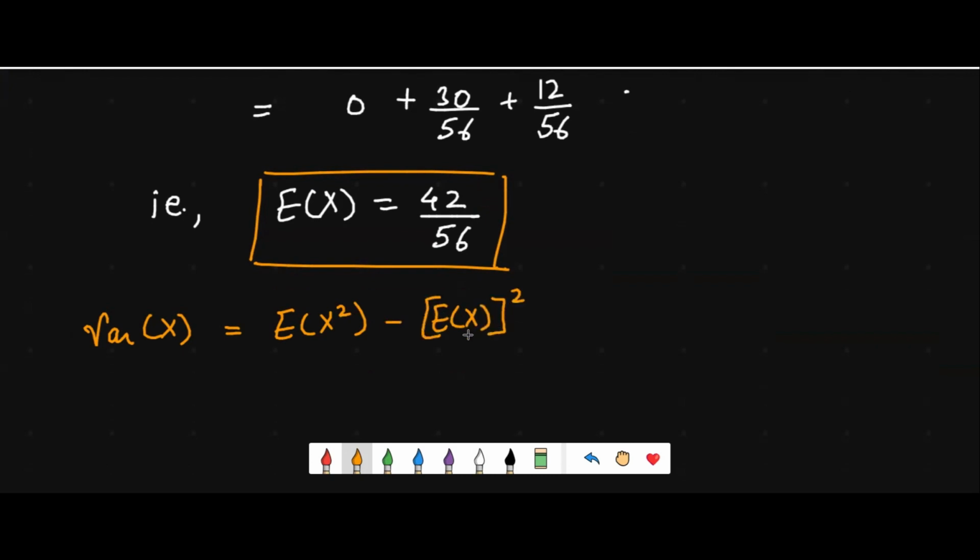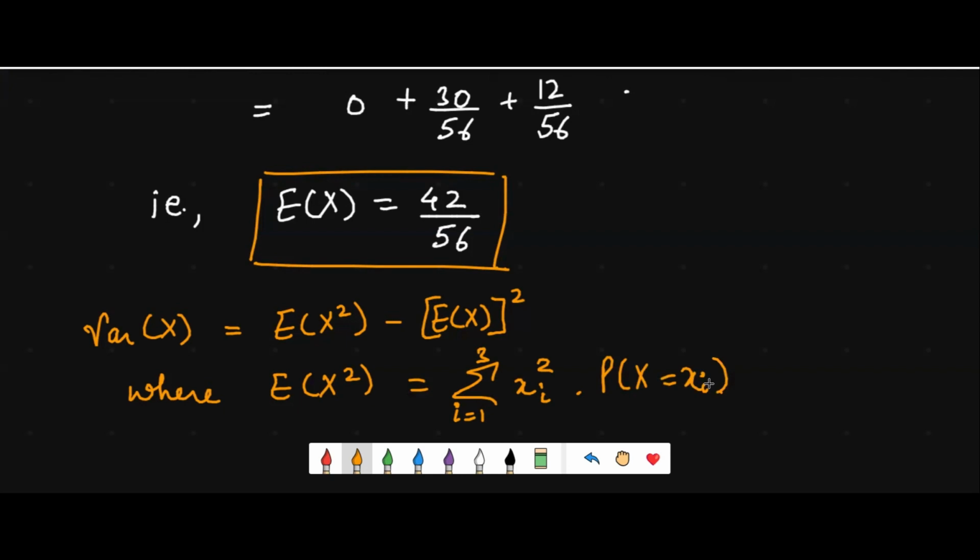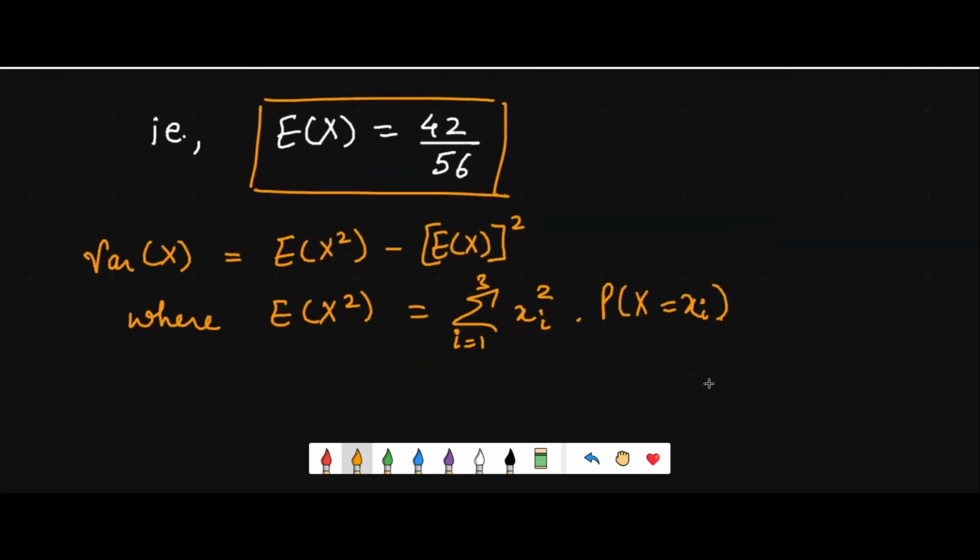So E of x we have already calculated, and E of x square is summation i going from 1 to 3 x square into the respective probabilities. So we can calculate it using this formula, and we can substitute in the variance formula, and then we can calculate the variance as well.